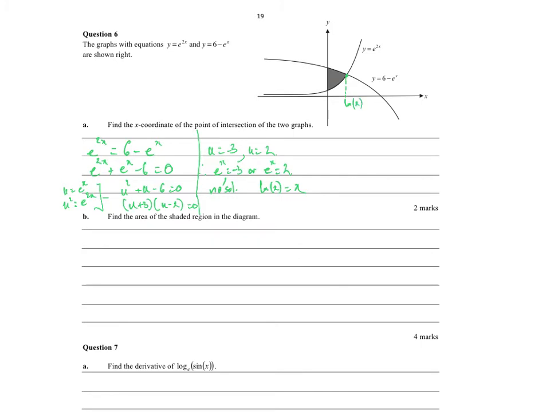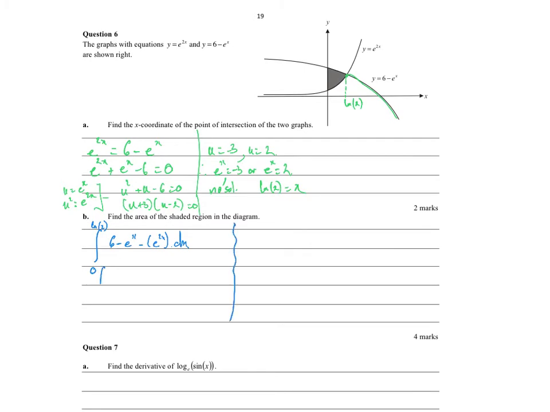Okay, so now to find the area of the shaded region, I need the top line. Area between curves, top graph minus bottom graph. So I need the integral between 0 and natural log of 2 of the top graph minus the bottom graph dx.